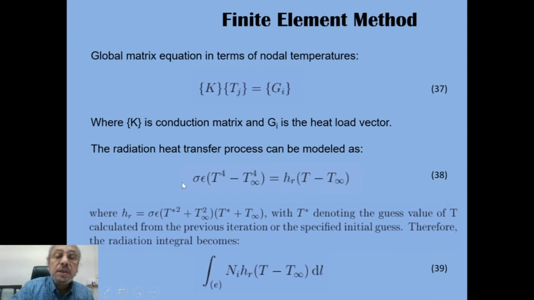The radiation is calculated this way. These are the properties. Emissivity is the surface property, sigma is the Stefan-Boltzmann constant, and then the fourth power of the temperature. But we can model it this way.